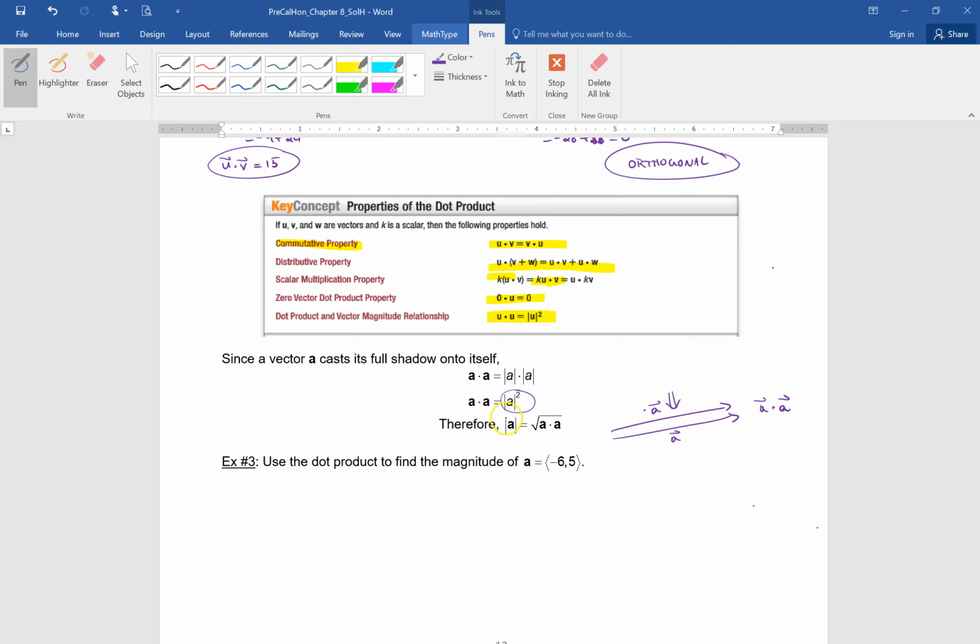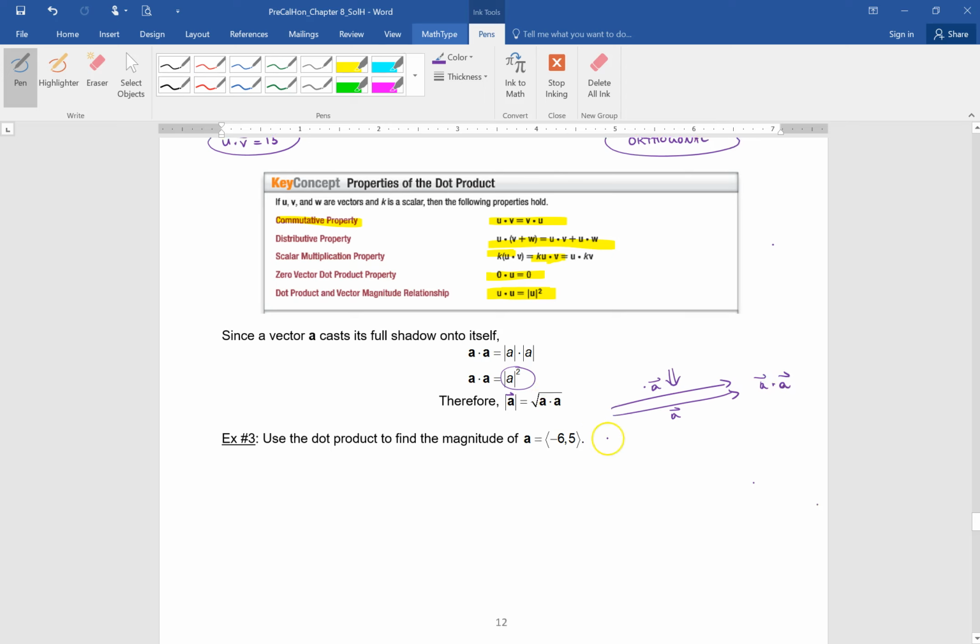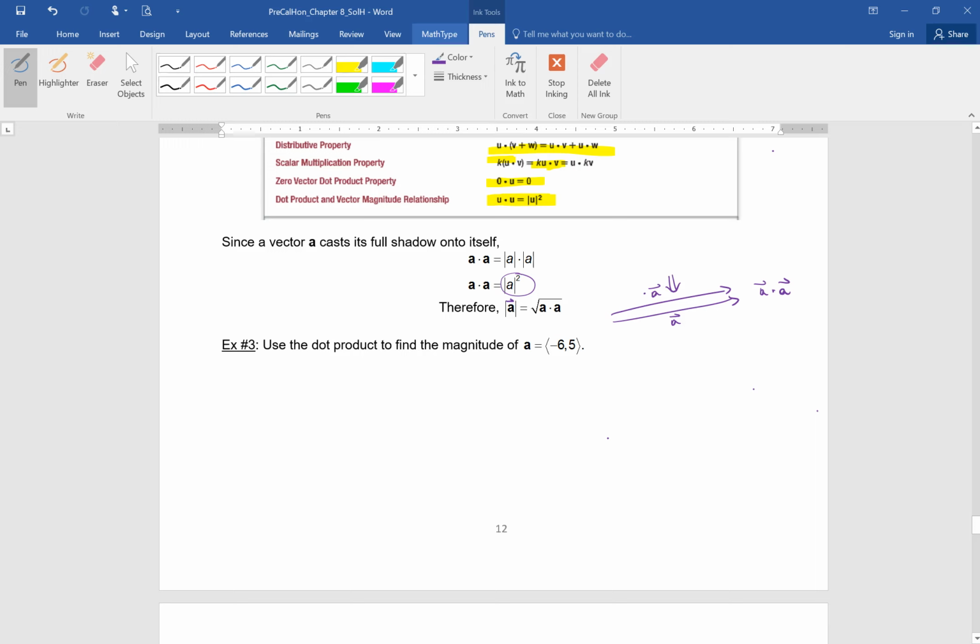So the magnitude of A is the square root of A dot A. What do I mean by that? Use the dot product to find the magnitude of A. So we're going to do A dot A in a square root.